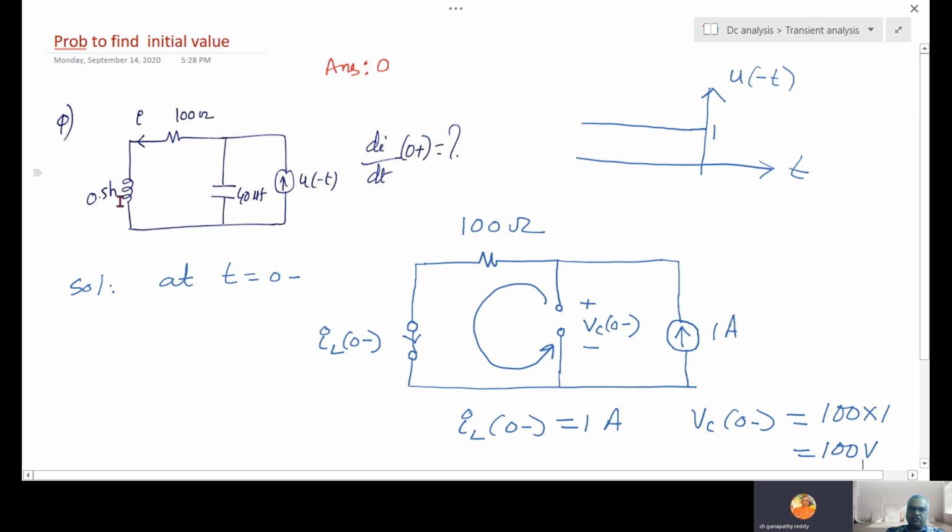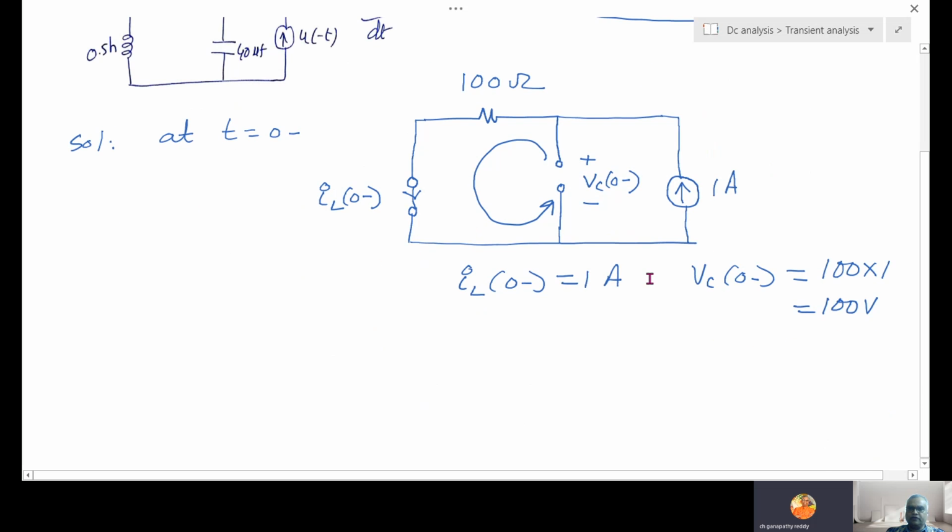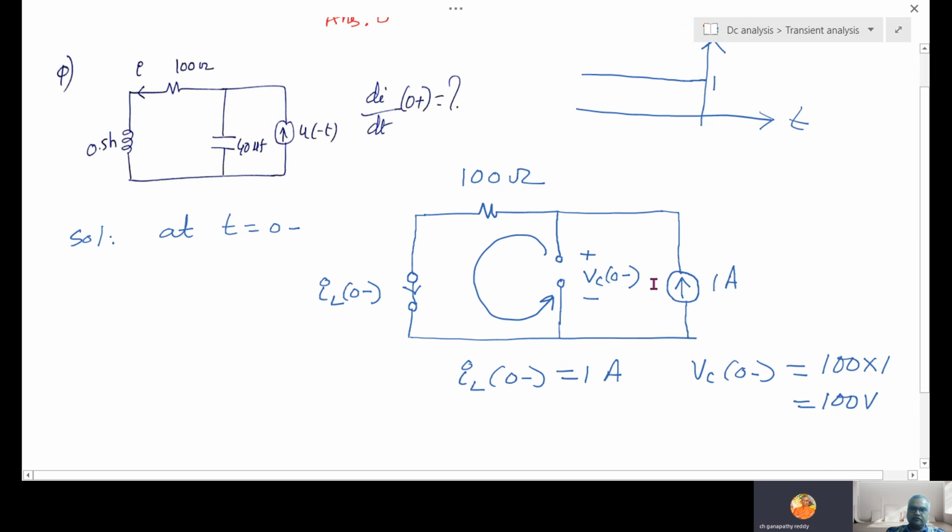Now write a mesh equation in this loop. So that equation, understand how I am writing. That is nothing but this loop. If I start here, 100 i, sometimes I write I or I(t). So I means I of t only. Plus L di by dt. What is the L value? 0.5 di by dt.